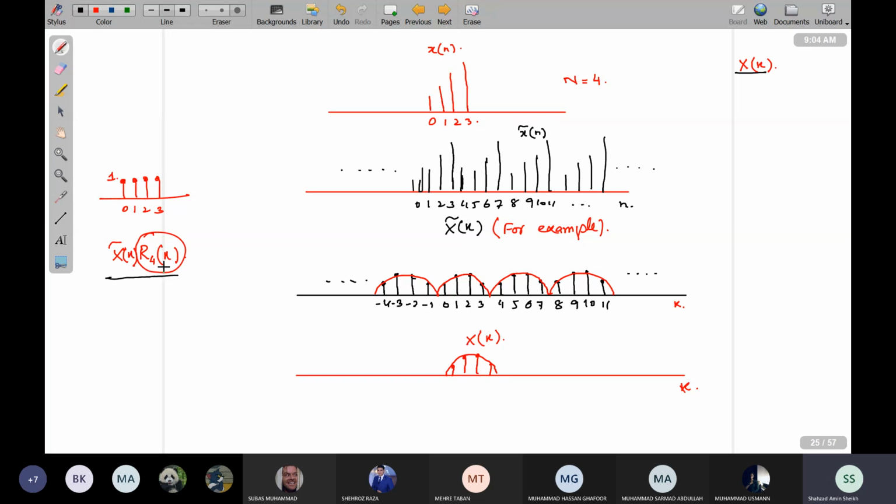So r4k is equivalent to multiplying this sequence with this window function, which is 1 for 0, 1, 2, 3 and 0 for all the rest of the samples. As a result, you will get this sequence, which is 0, 1, 2, 3. This is the x of k you get, which is actually the discrete Fourier transform of this x of n. Got it?